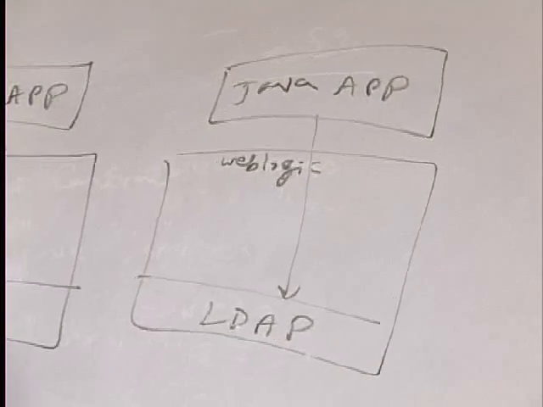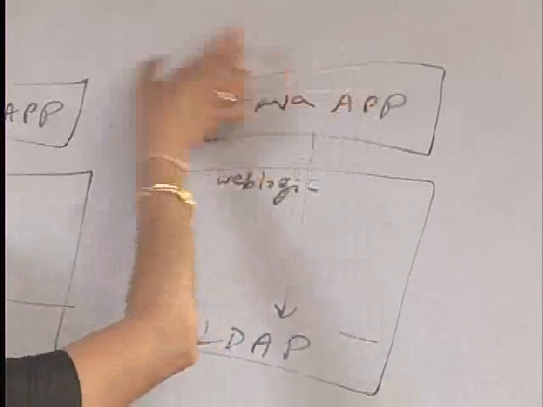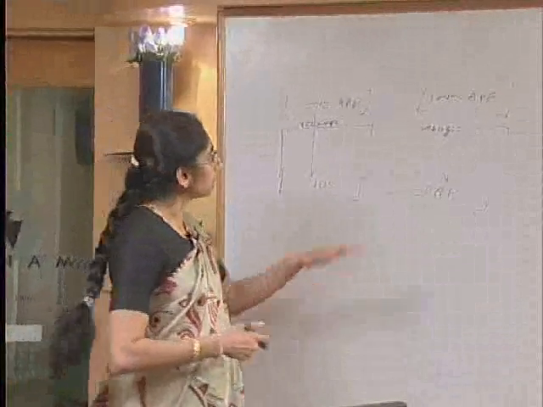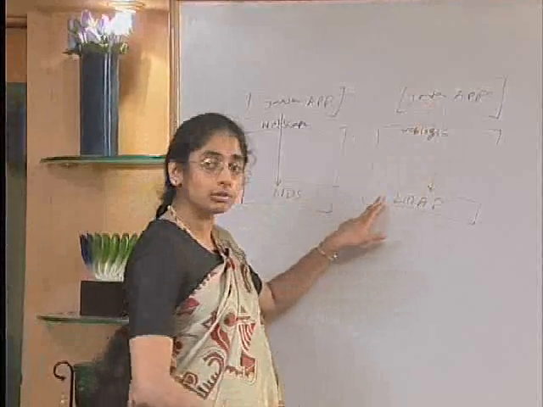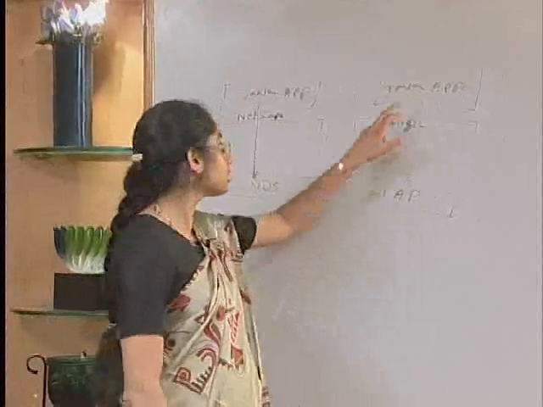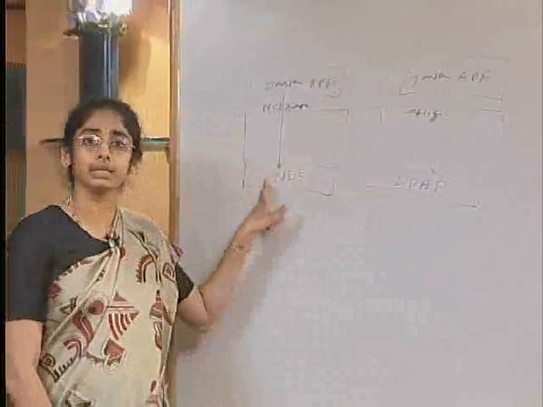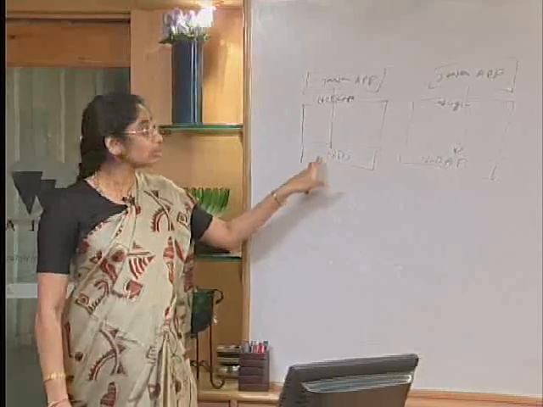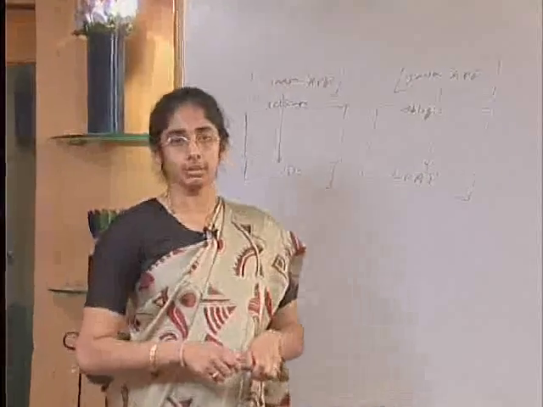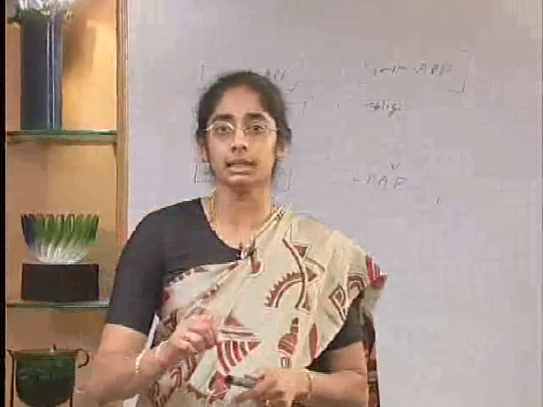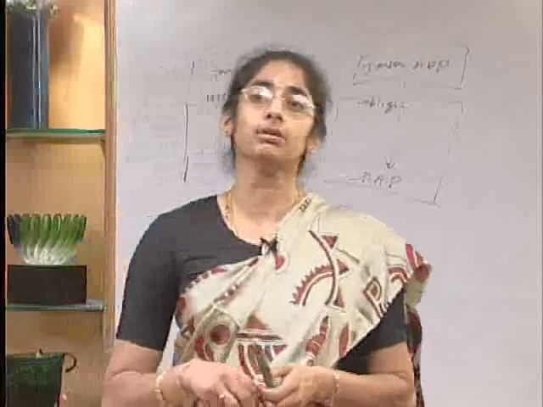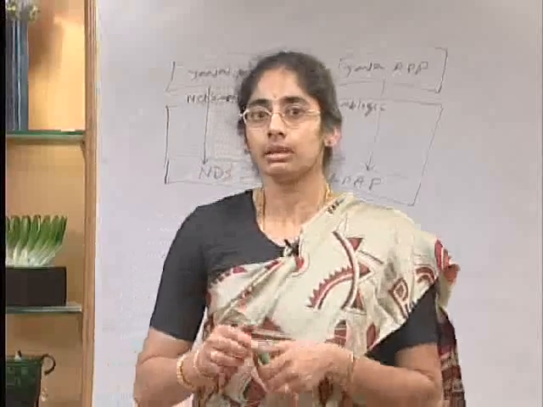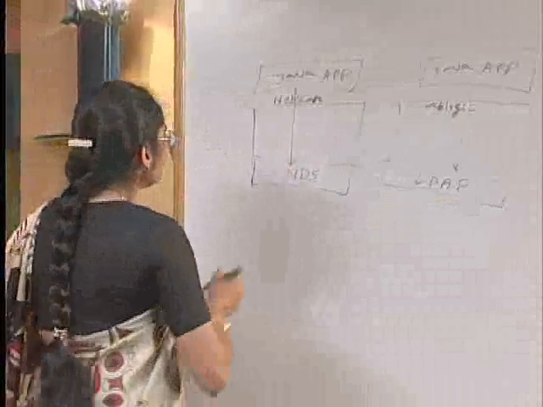Let's assume now I want to take this application and port it to the Netscape server. Then the part of the code which was referring to the LDAP service has to change so that it can refer to NDS. So the code would not be completely portable because we are using an API which is specific to that particular naming and directory service.